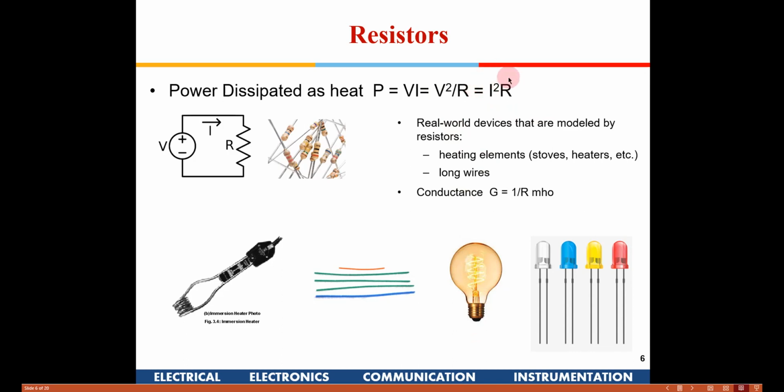Now again when a current flows, the power dissipated in this lamp will be I square R, but not everything gets converted as heat, because it is going to emit light also.